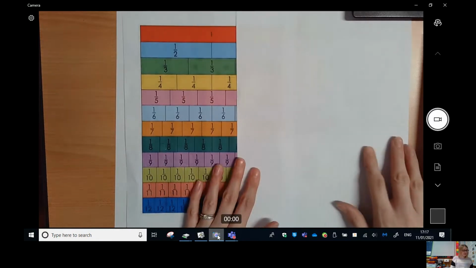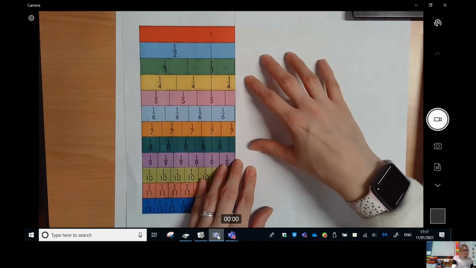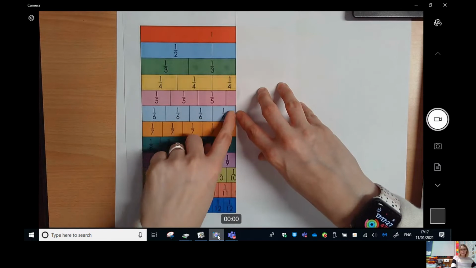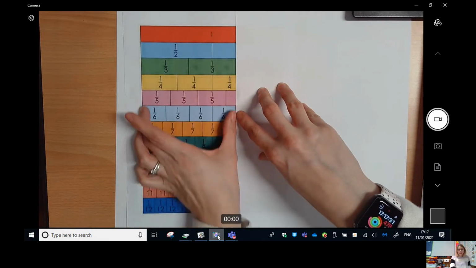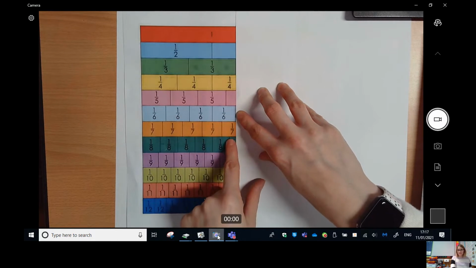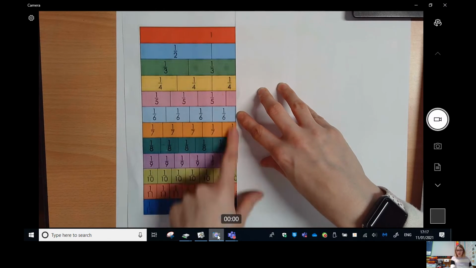Okay, so hopefully, oh, mine's got a bit wonky there, so let me line it up again. If I look where 2/3 is, if I keep going down, I can see it's in line with my 6ths. So I have 1, 2, 3, 4 6ths are the same as my 2/3 there. And then if I keep going down, 7ths is not the same, so it's not in line. 8ths is not. Okay, I keep going.